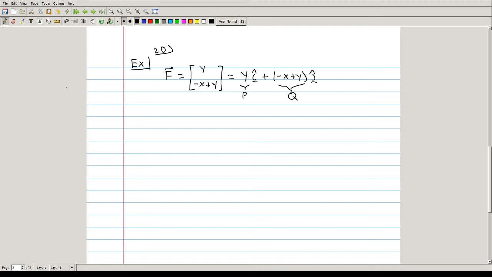Well, it turns out that for a steady, nice flow that doesn't depend on time, we can define the streamlines of the curve as follows.